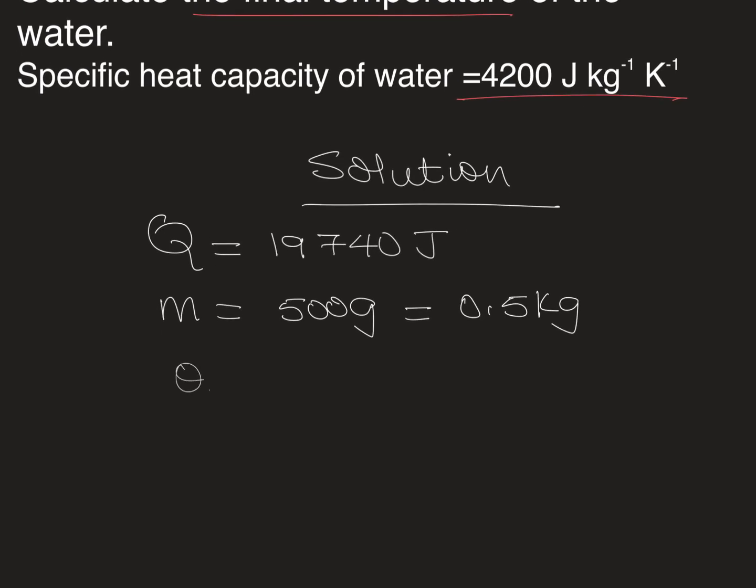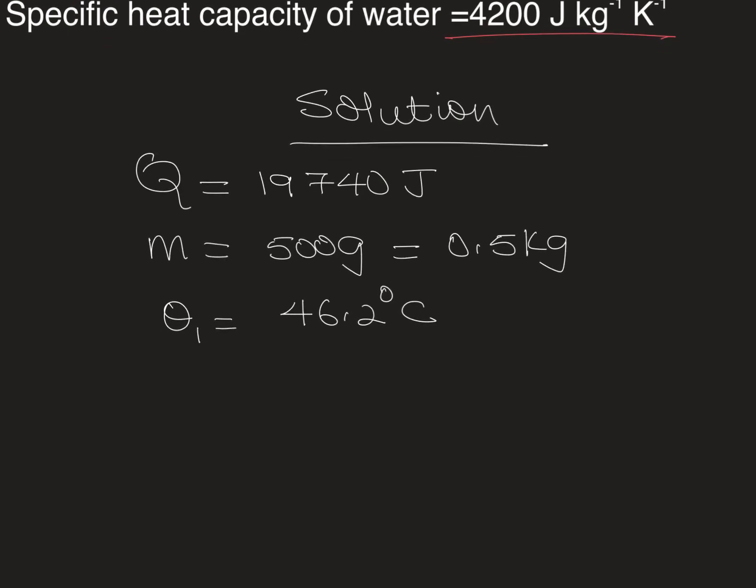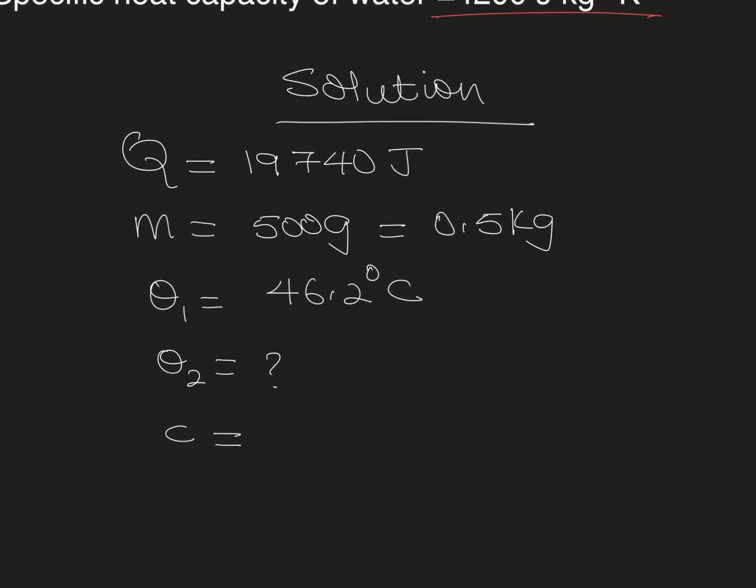The initial temperature is 46.2 degrees Celsius. We are asked to find the final temperature. Specific heat capacity of water is 4,200 joules per kilogram per Kelvin.